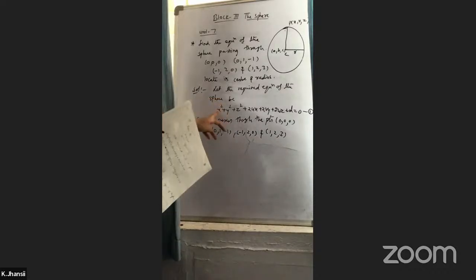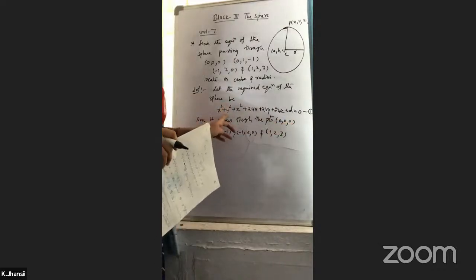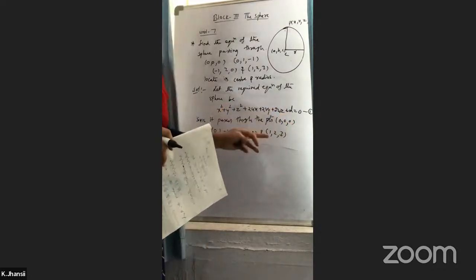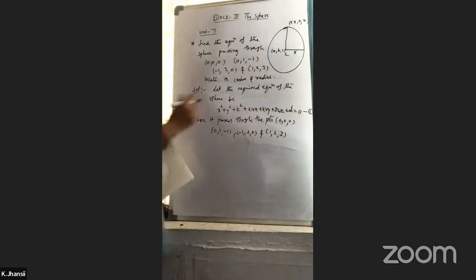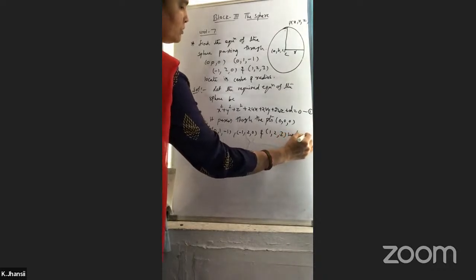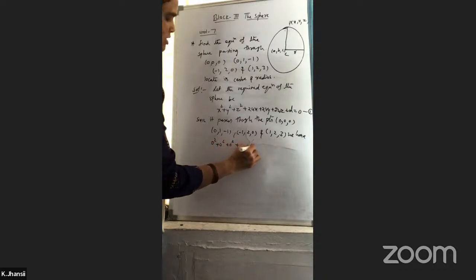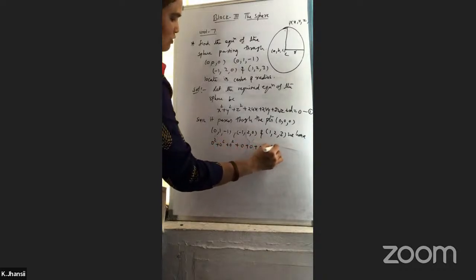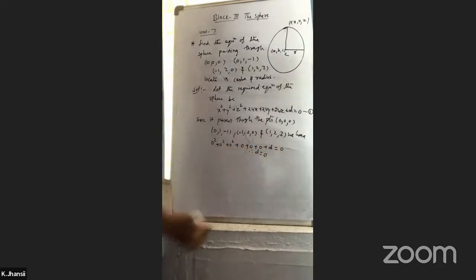That means you substitute this point in place of x, y, z. So all the terms become 0 and only d remains. So we have 0 square plus 0 square plus 0 square plus 0 plus 0 plus 0 plus d equals 0. Therefore the d value is 0.